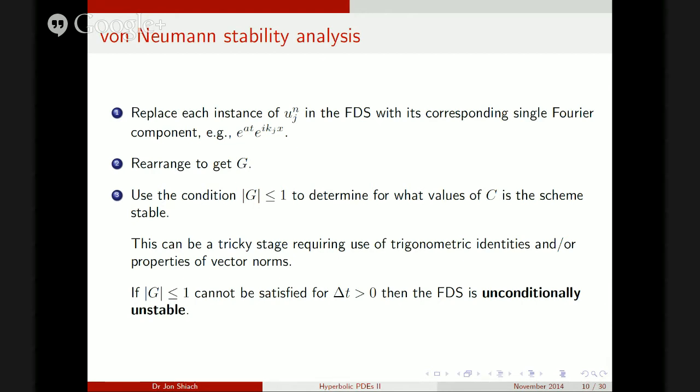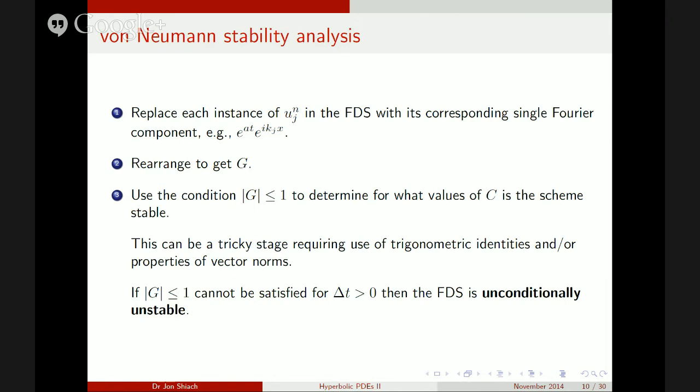This is the steps you take to do von Neumann stability. Okay, so you replace each instance of u in your finite difference scheme with the corresponding Fourier component, or some sort of slight change to that Fourier component. You've got to rearrange it to get g.